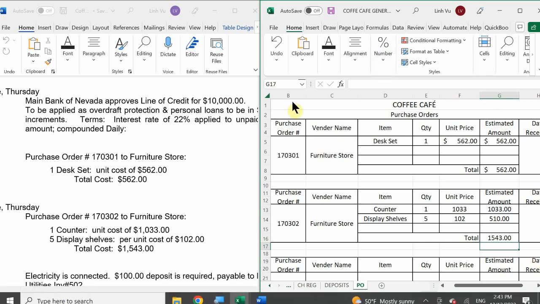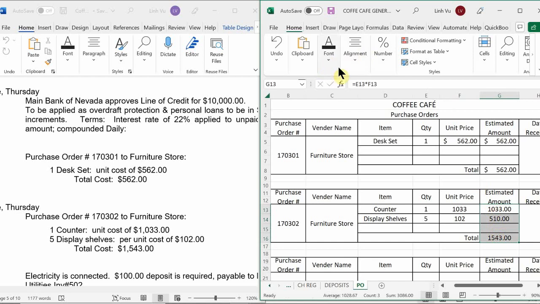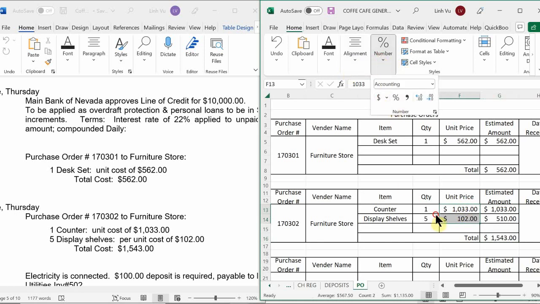So again, this is just to ensure that the tag price and everything matches up, that your purchase order matches up, for $1543.